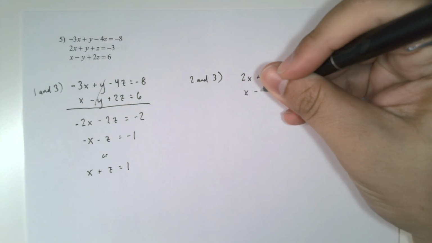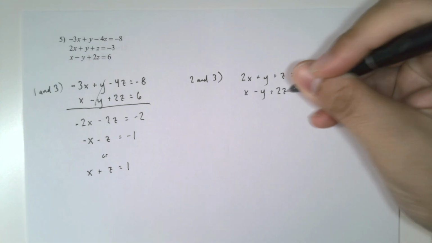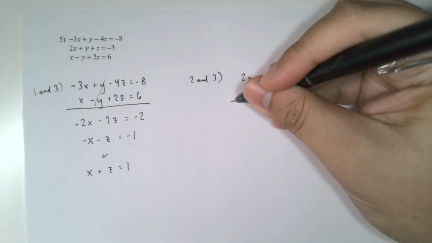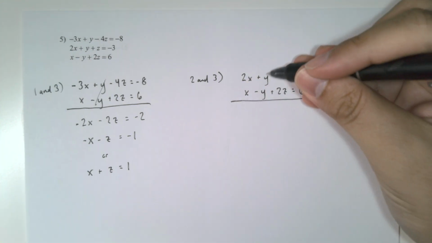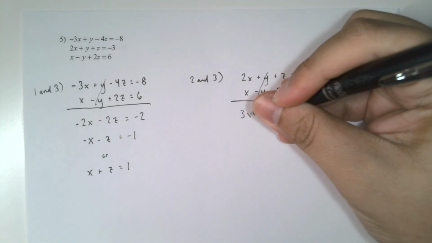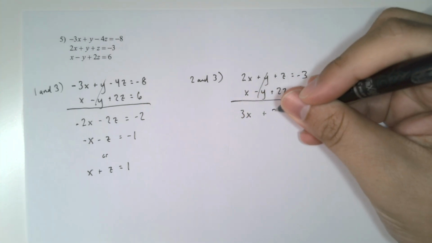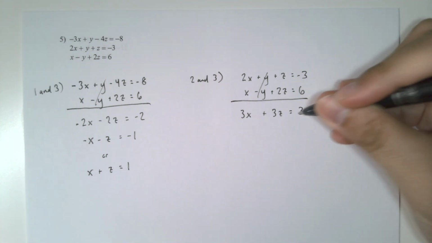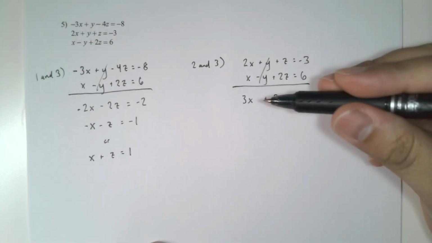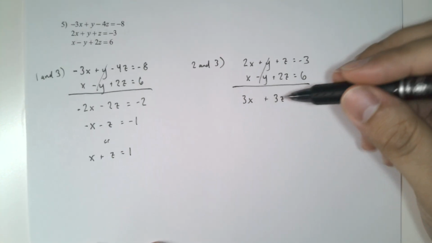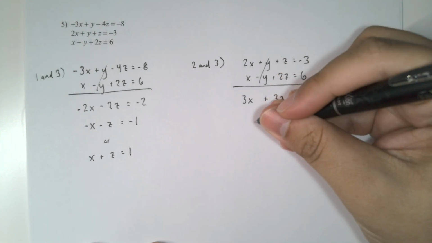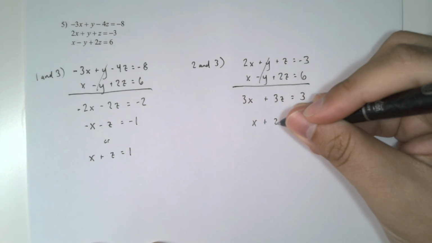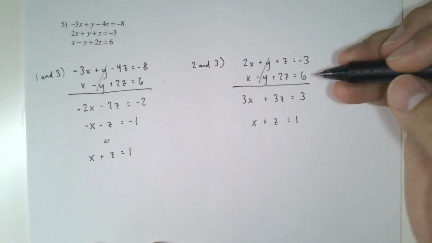And then we have x minus y plus 2z is equal to 6. Adding these two together, the y's cancel. We have 3x plus 3z is equal to positive 3. And hey, look, reducing these, if we can, all of these numbers are divisible by 3. I can write this as x plus z is equal to 1.